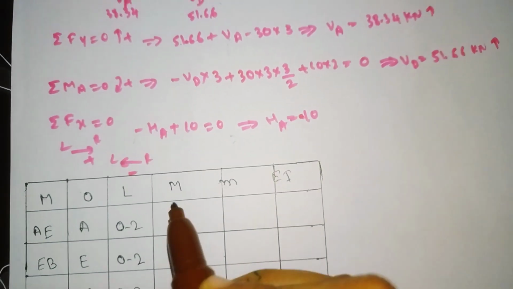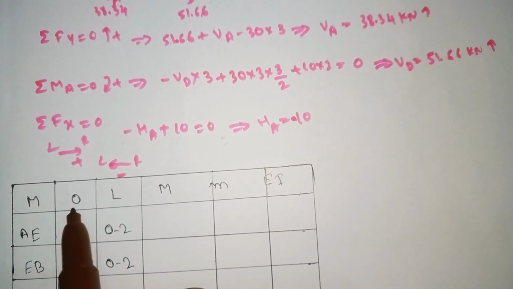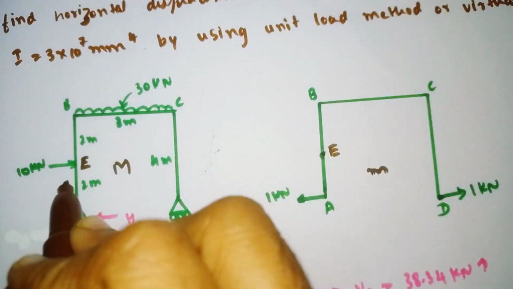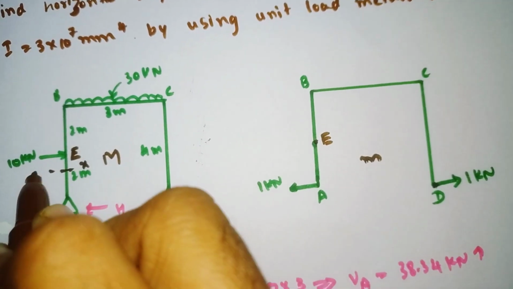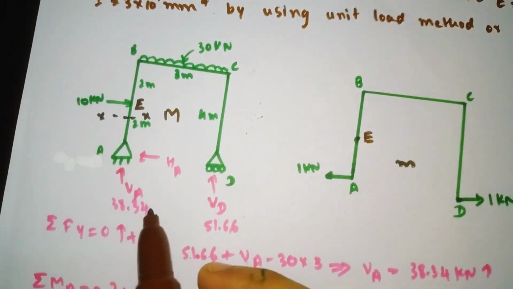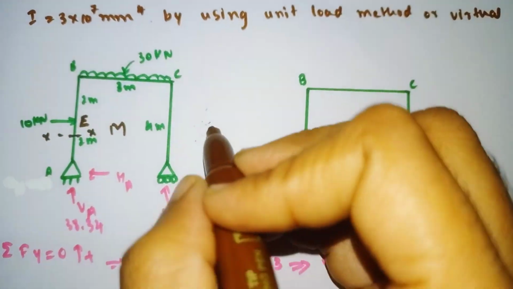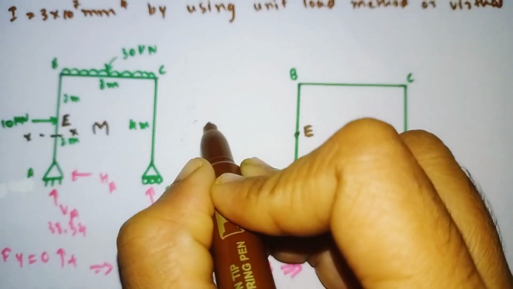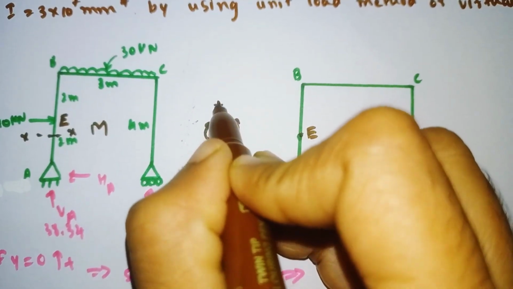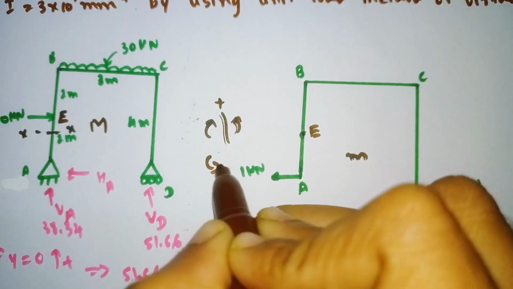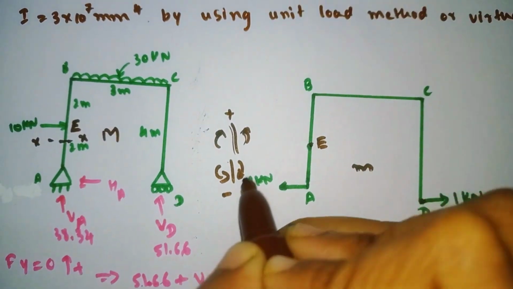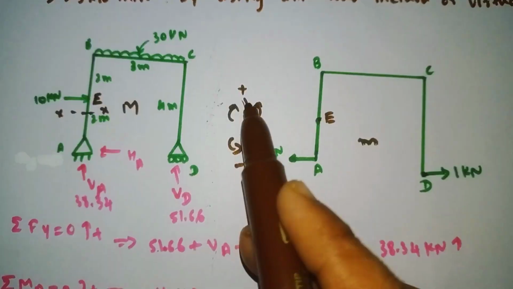So for capital M, for member AE we have taken the origin as A. It means we need to cut the section, along the x-axis, away from the origin A. Now see here, I will tell you the sign convention. Moving upward we take as positive, and moving downward we take as negative.